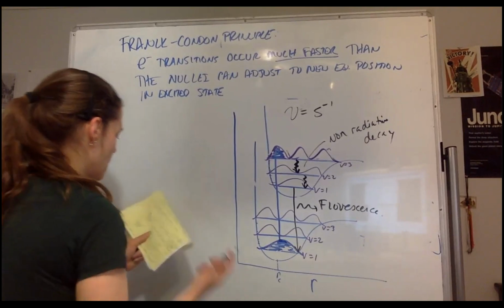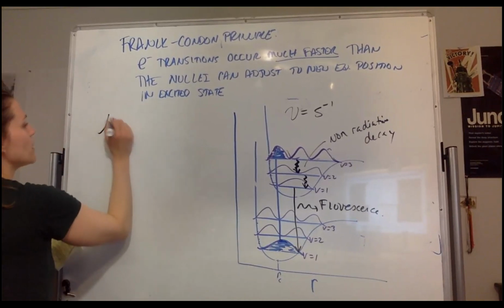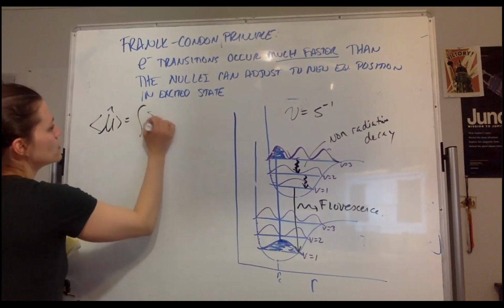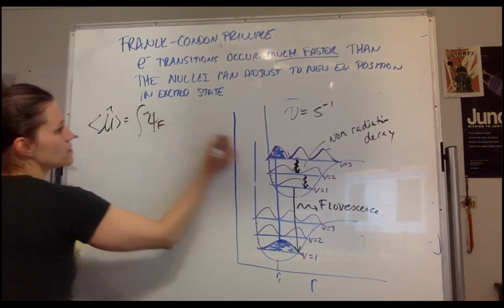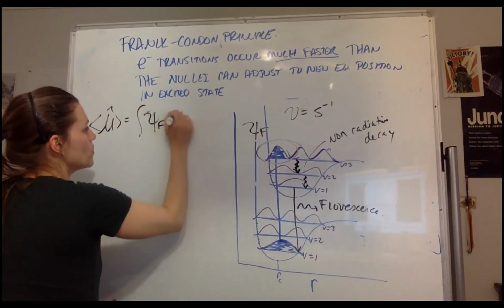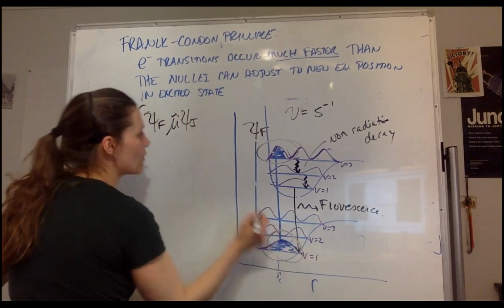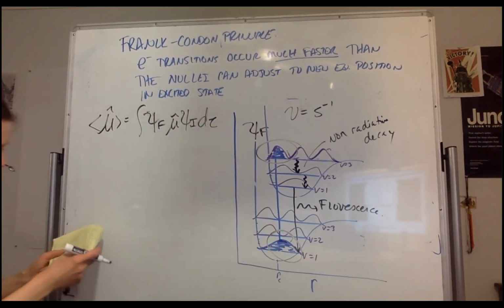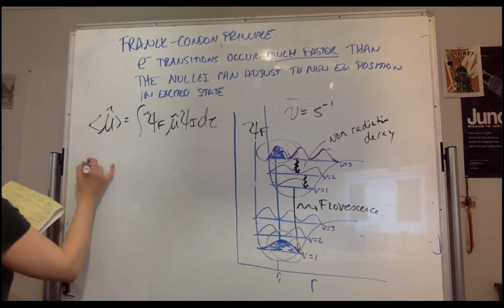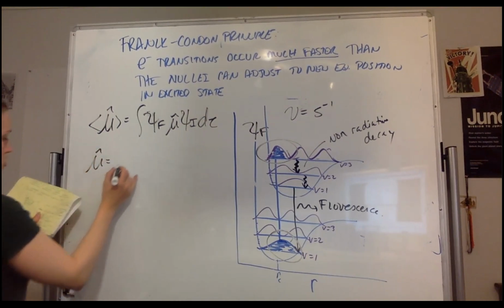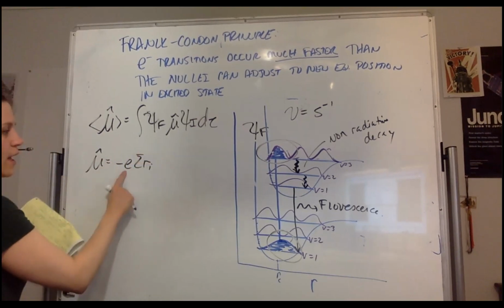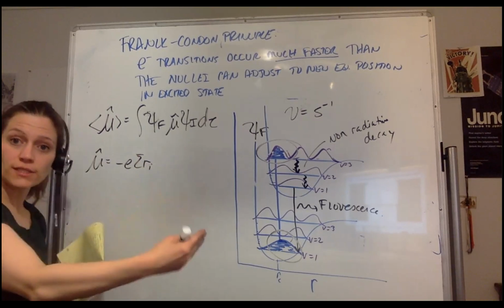The last thing I want to talk about with this picture is how you calculate it. We know that there has to be a transition dipole moment for this transition to occur. So here we've got psi final, mu, psi initial, d tau. In this case, our dipole moment is charge across a distance.